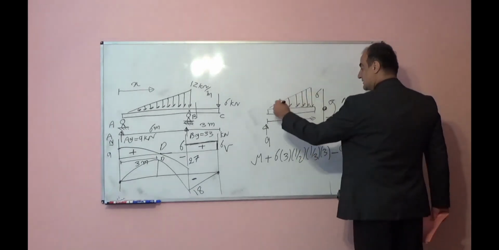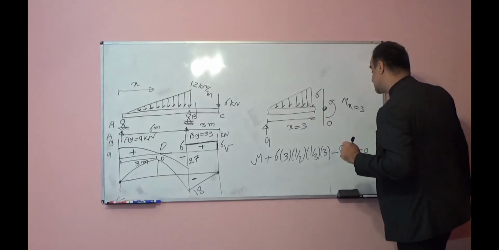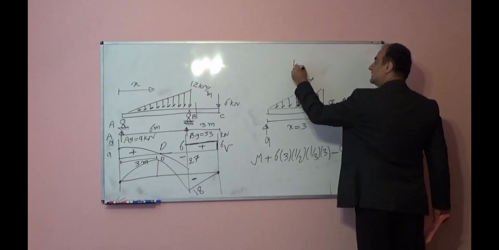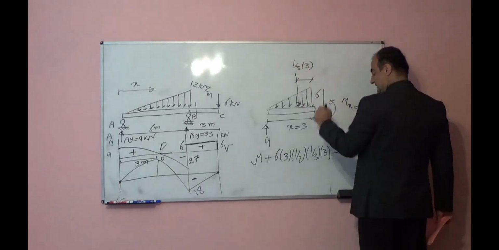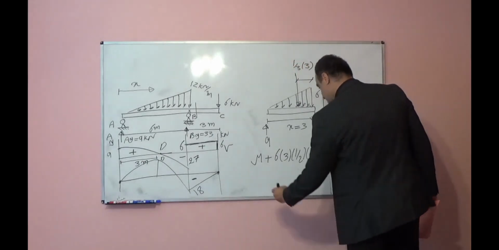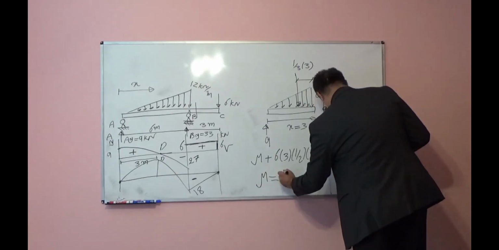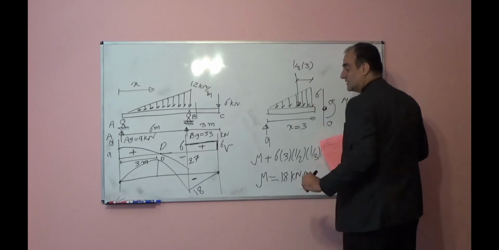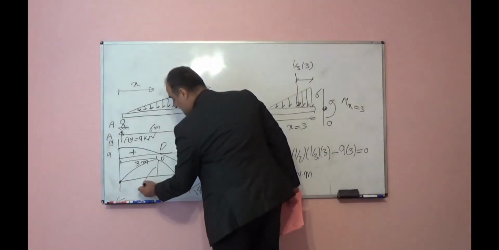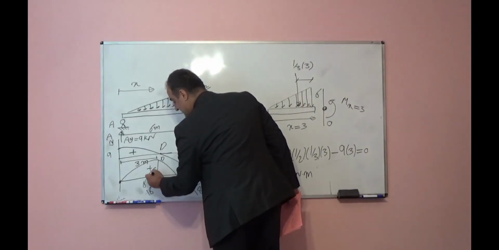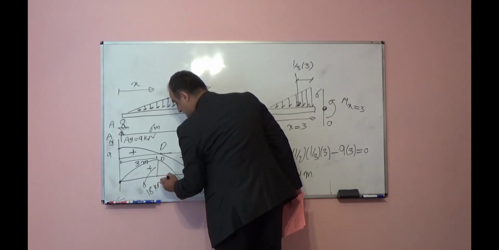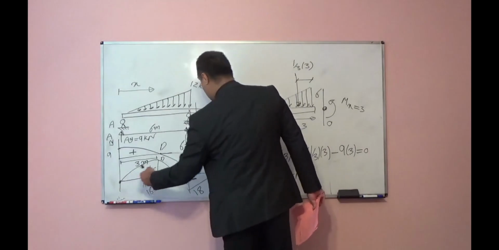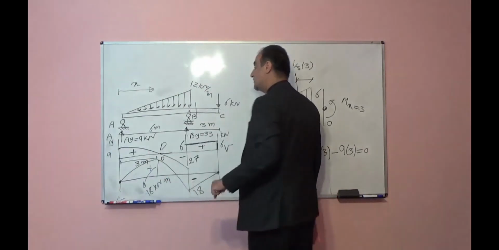This will be resultant force for this triangle. Where is the resultant force location? It will be 1/3 of 3 from this side. The answer for this, M will be equal to positive 18 kilonewton meter. So here moment will be 18 positive kilonewton meter. Here negative, here is line, and from A to point B it will be cubic shape.